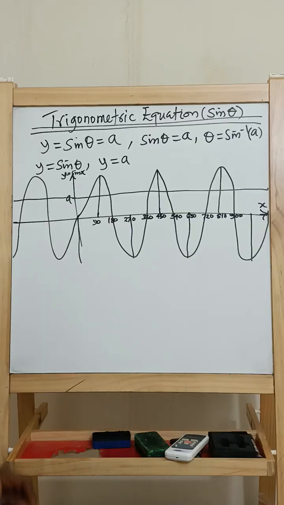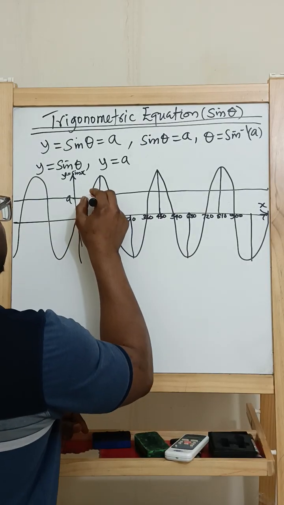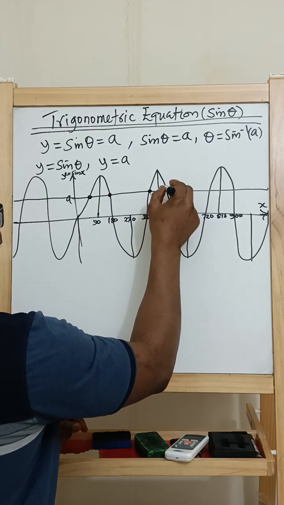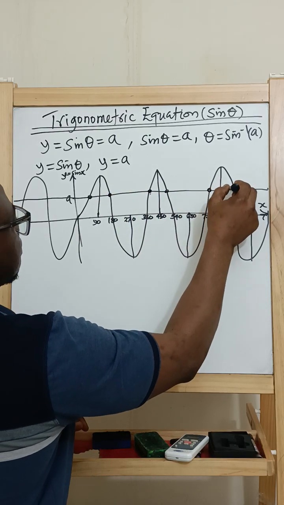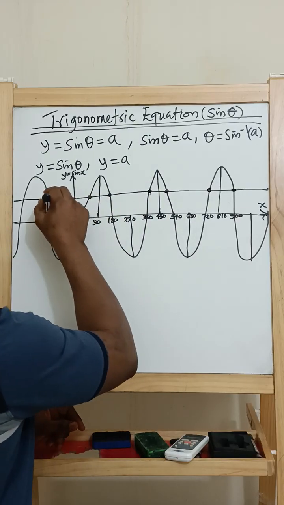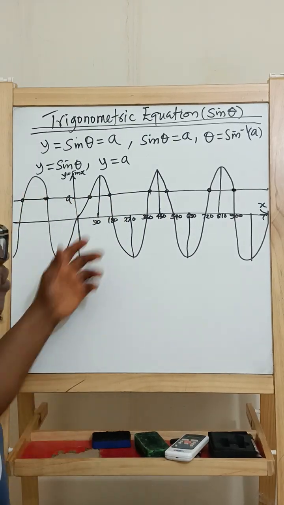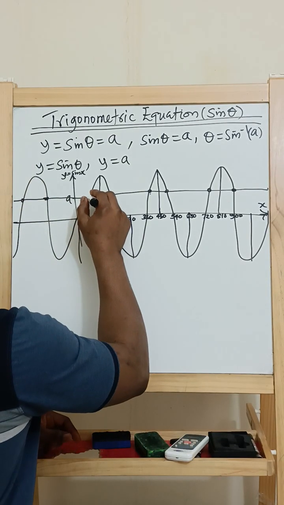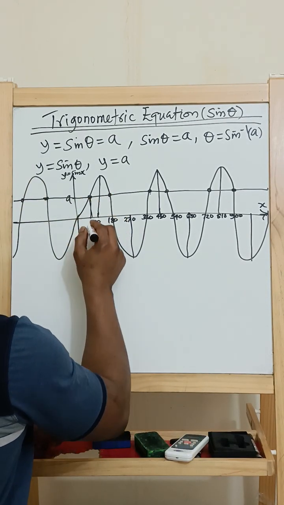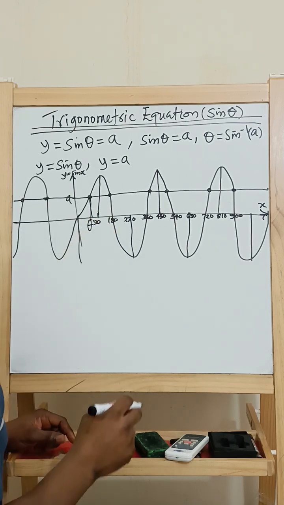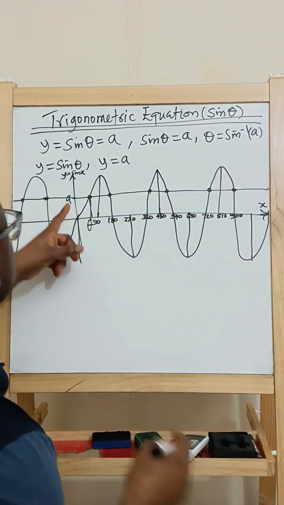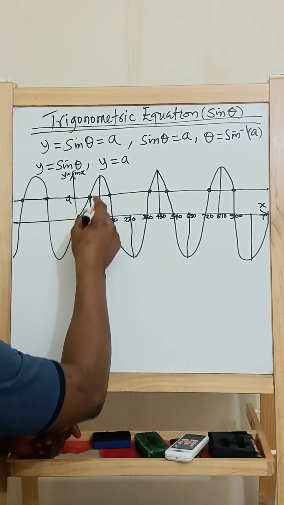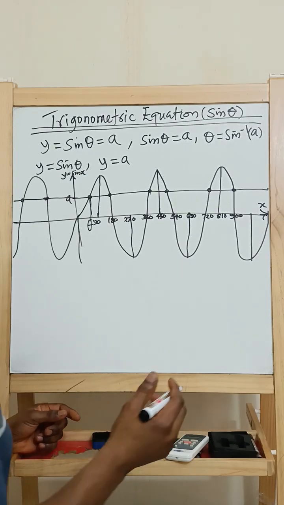Where this line intersects the curve is where the solutions are, and it continues like that up to infinity. Now this value here is the theta. This theta we are seeing here is the arc sine of a. That's how we get the theta here.